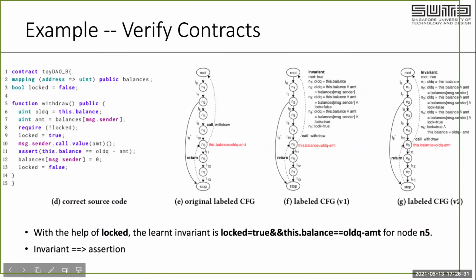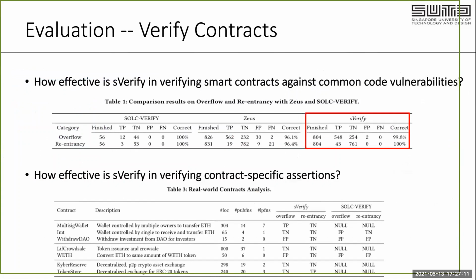If we correct the contract with global safeguards, here logged equals false at the very beginning, with the event at this moment, the event of node N5, logged equals true and the balance equals old balance minus amount. With this invariant, the node assertion will be implied successfully. That means the assertion will be maintained in this situation.